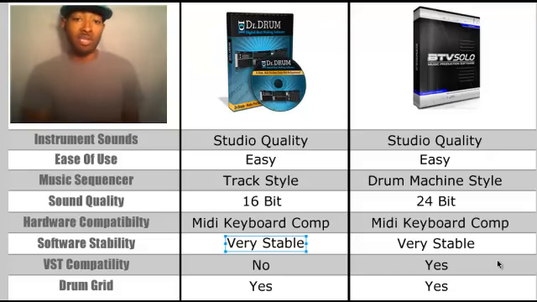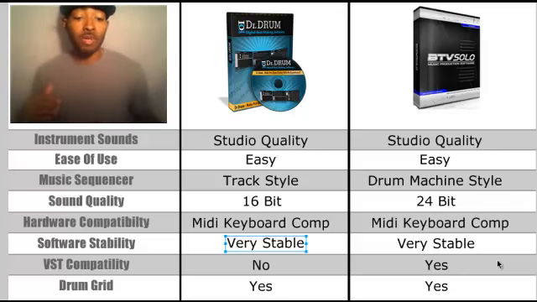And VST capability allows that software that you're going to record the vocals in to trigger the sound from this software. Okay, and it also allows you to play the instruments within that program. It's a really weird thing, but it's a great thing to use because it just expands what you can do.